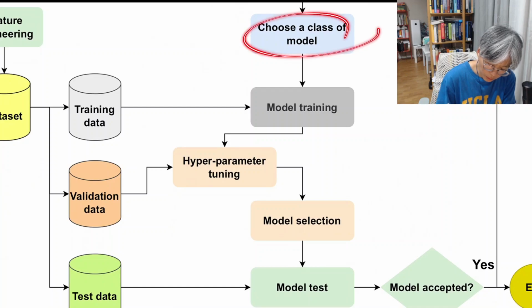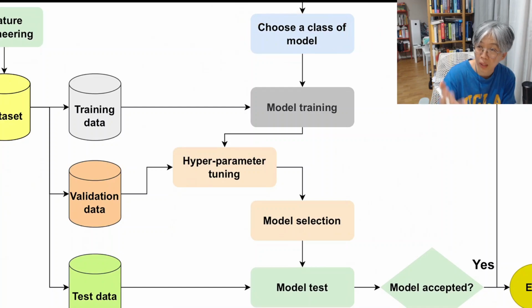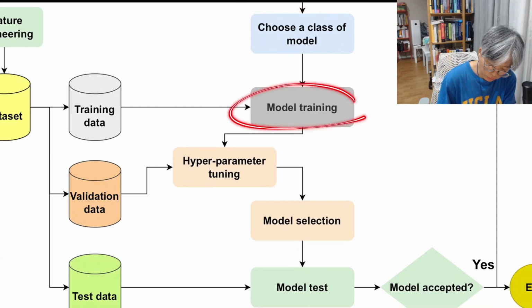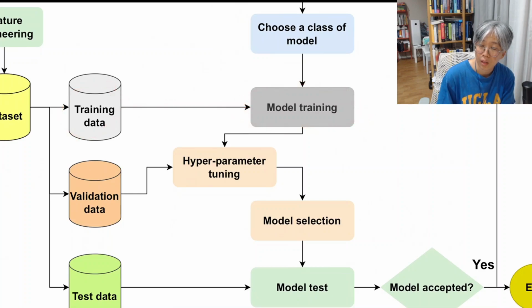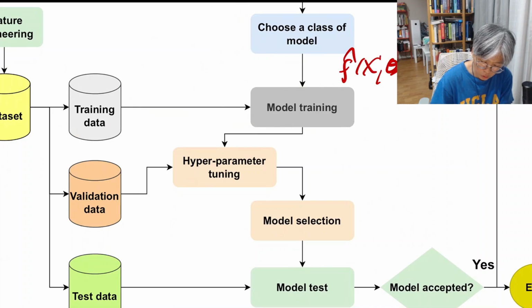Once you pick a model type, whether a nonlinear model, a neural network, a tree, or whatever method, you perform model training using the training data. Often, if you use the parametric approach, your model f hat of x, theta is parameterized by a model parameter.